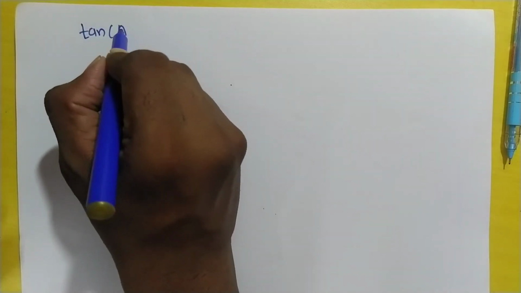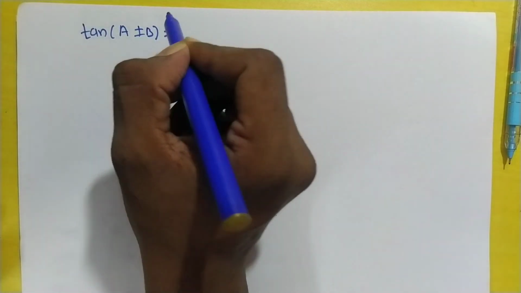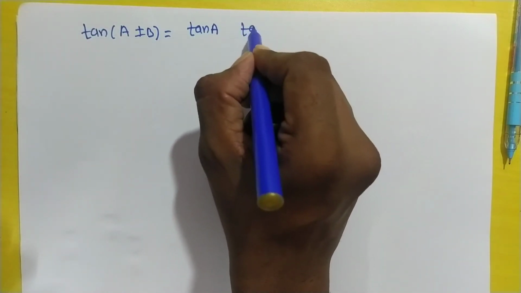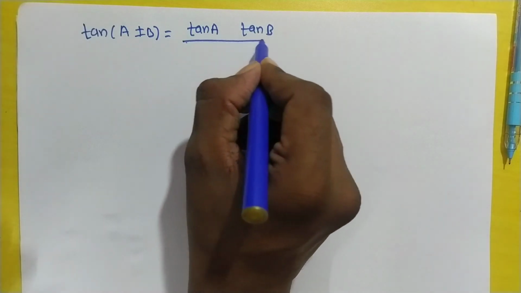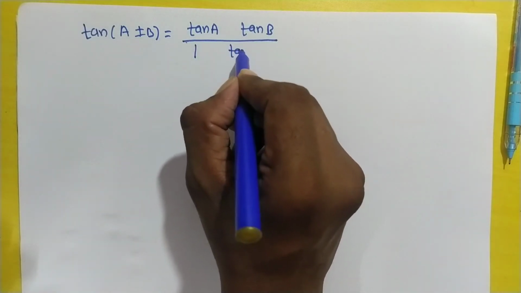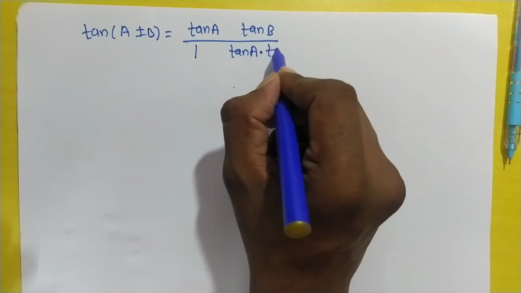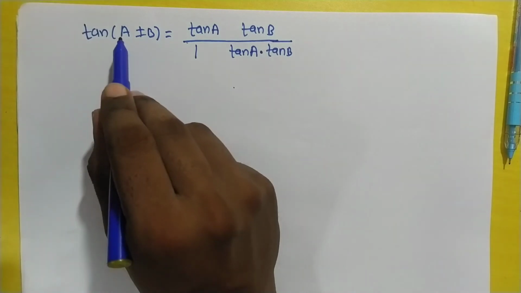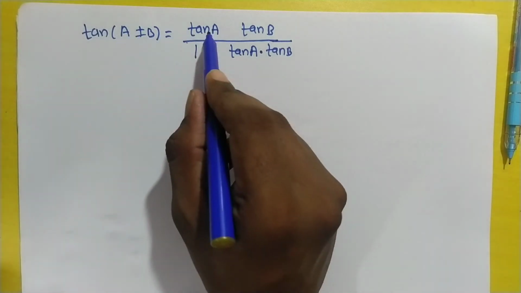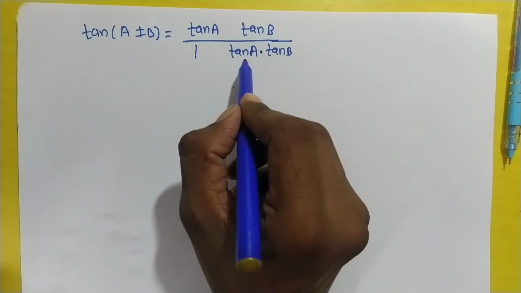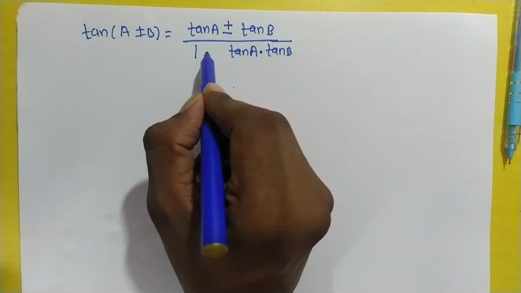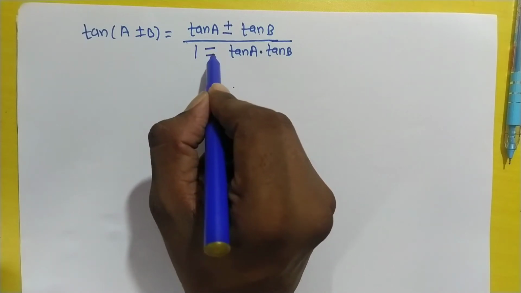So the next formula is tan of A plus or minus B is equal to tan A plus or minus tan B on divide 1 minus or plus tan A multiplication tan B. Very simple to remember: here take the same sign, that is plus or minus, and here take the reverse sign, that is minus plus.